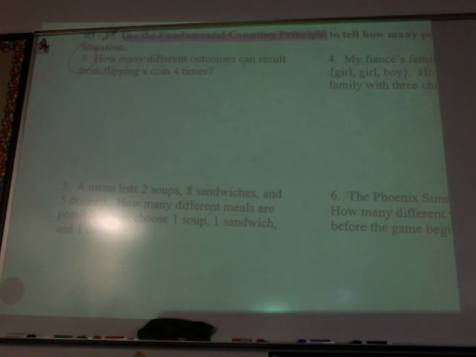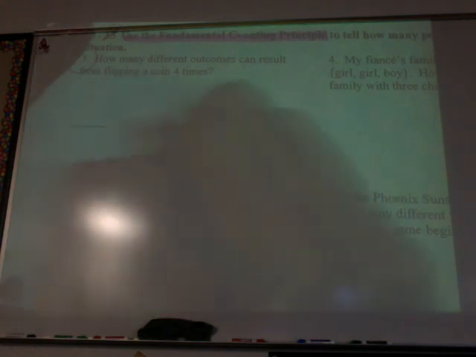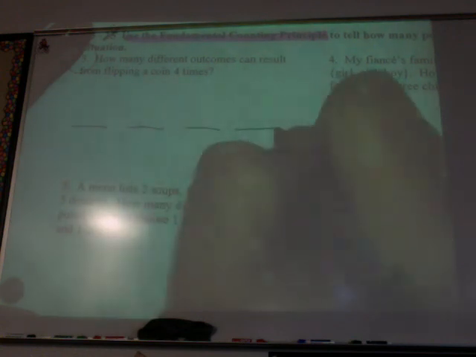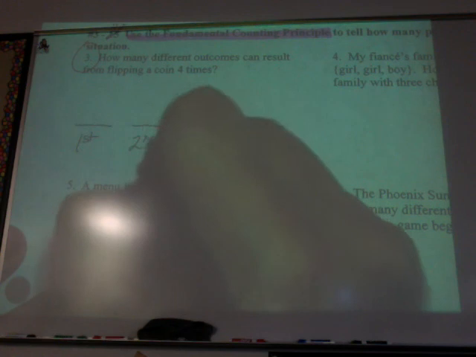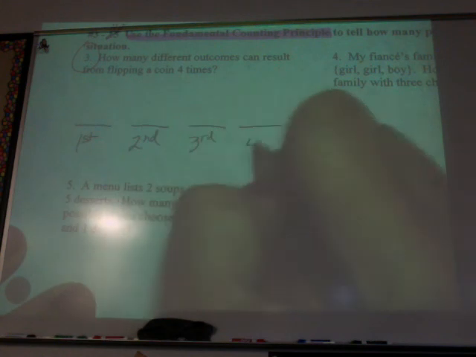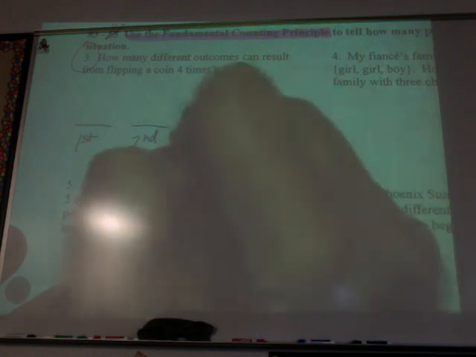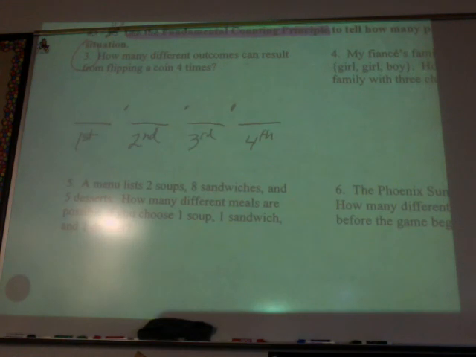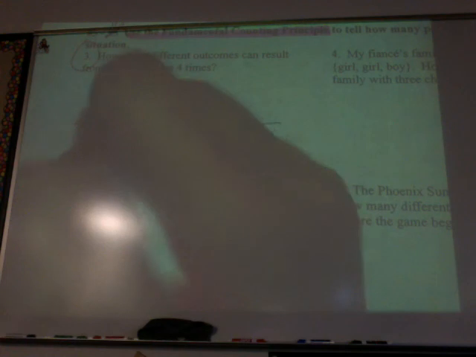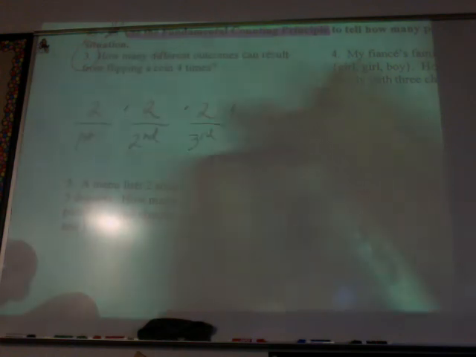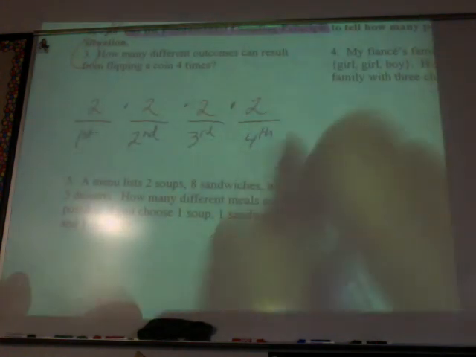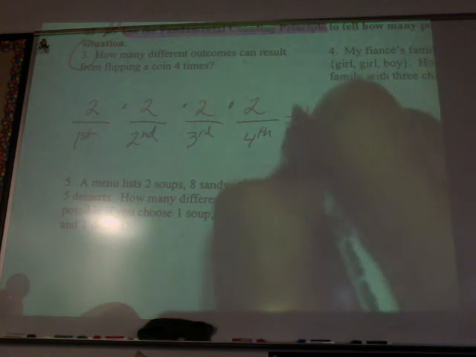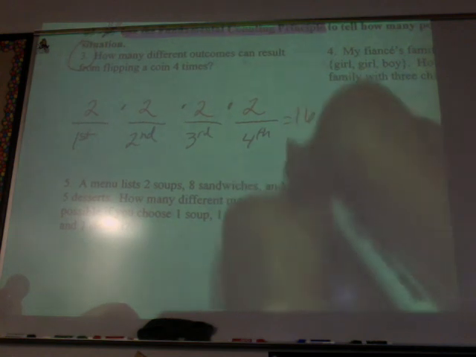Each coin flip is an event. This is your first, your second, your third, and your fourth, and you're going to multiply those together. How many different outcomes are there on flipping a coin? 2. So we have 2 times 2 times 2 times 2. What does that give you? 16 ways.